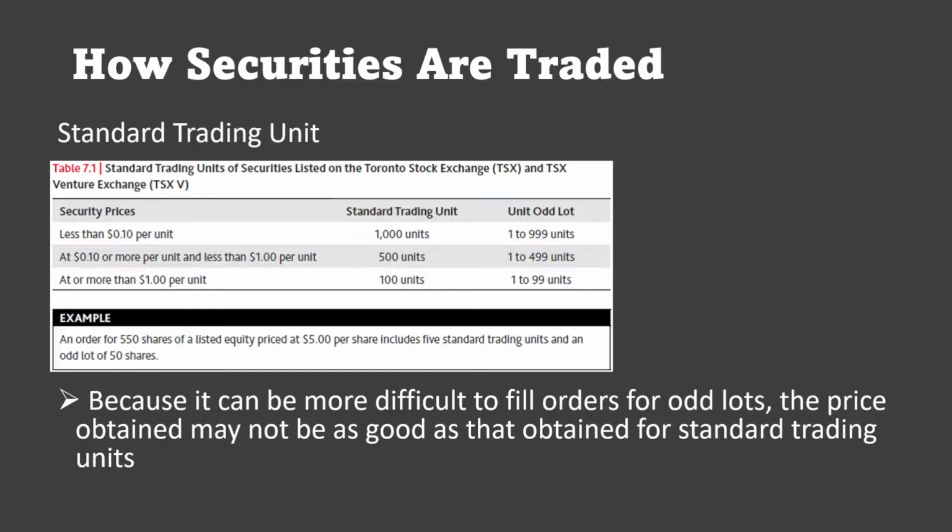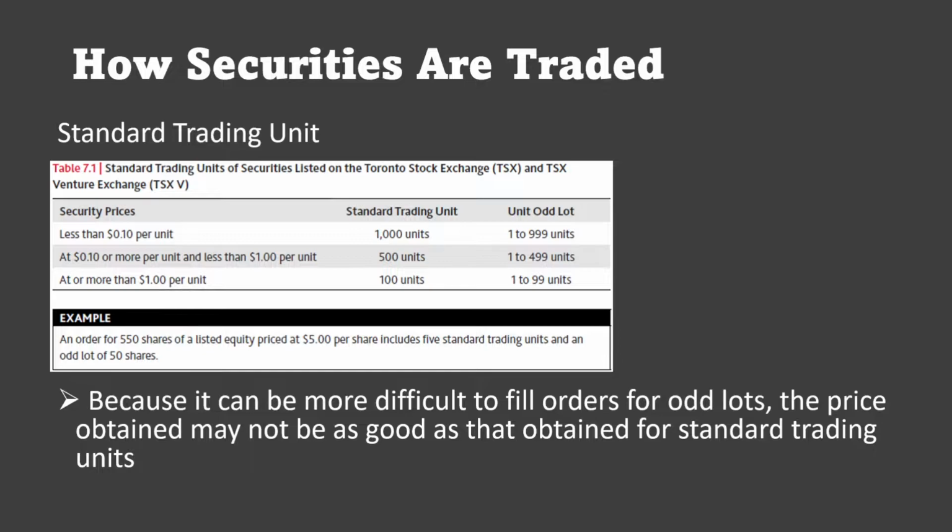So if you're looking at trading some sort of penny stock, let's say it's 5 cents per share, and you want to buy 1,500 of them, it's going to trade in two separate orders. It's going to trade the first order at 1,000 units, and then an odd lot order for the extra 500 units.